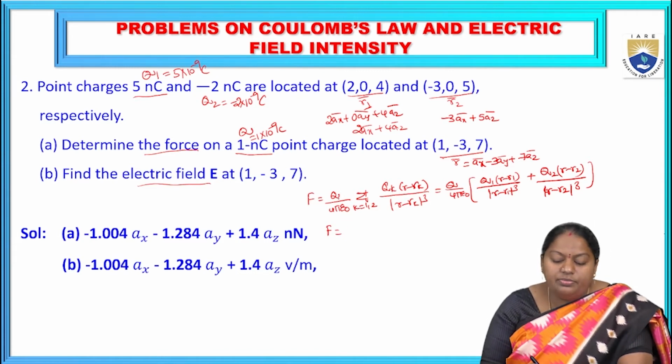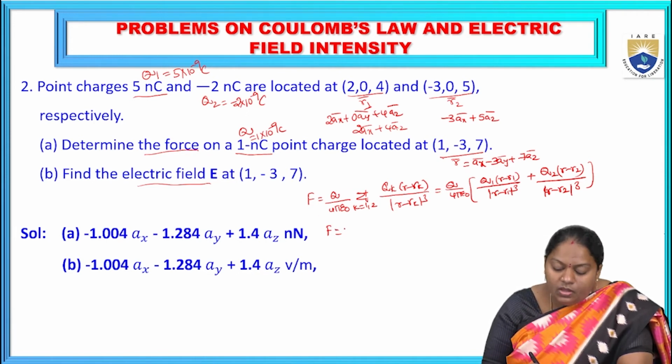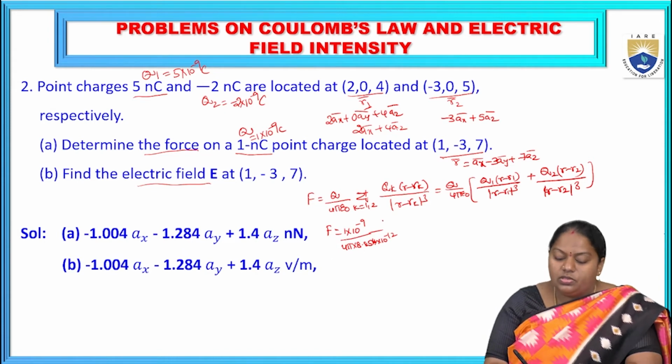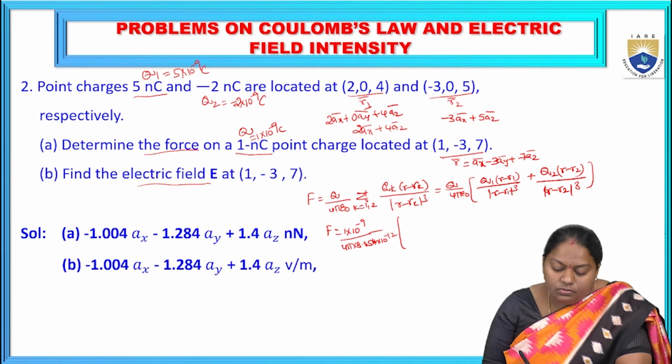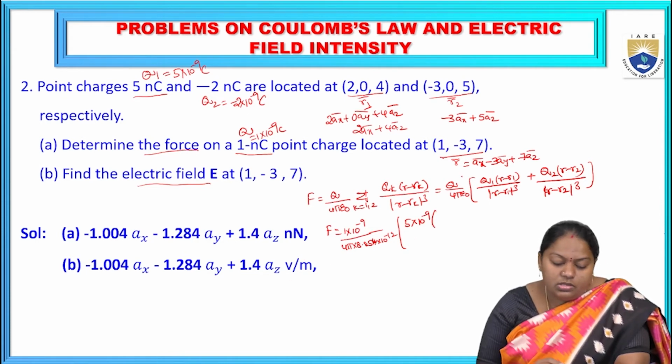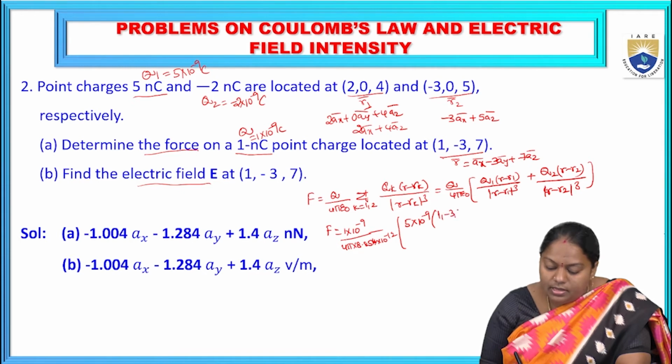Now, substituting all the values in this electric force equation, F equals, Q is 1 nanocoulomb, 1 into 10 power -9, by 4 pi epsilon naught, meaning 4 pi into 8.854 into 10 power -12. Then, Q1 is 5 nanocoulombs, 5 into 10 power -9, into (R minus R1). The R value is (1, -3, 7) minus R1, which is (2, 0, 4), divided by the magnitude of (1, -3, 7) minus (2, 0, 4), whole cube.